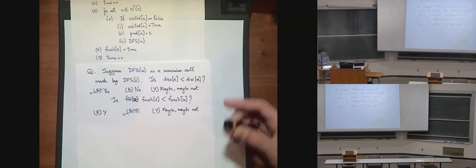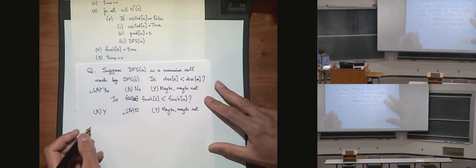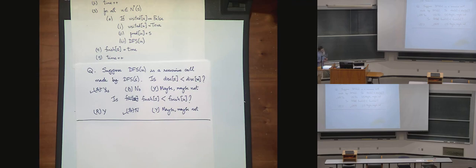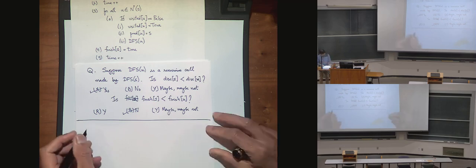So what we have is this structure here. And does it also hold the other way? What does that mean? So here's my question.